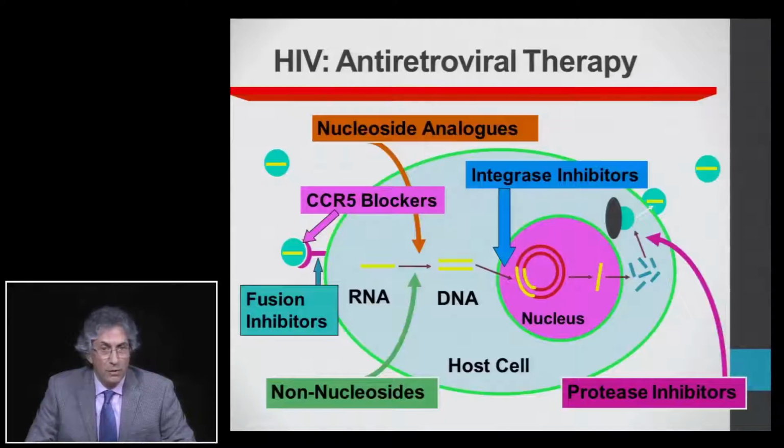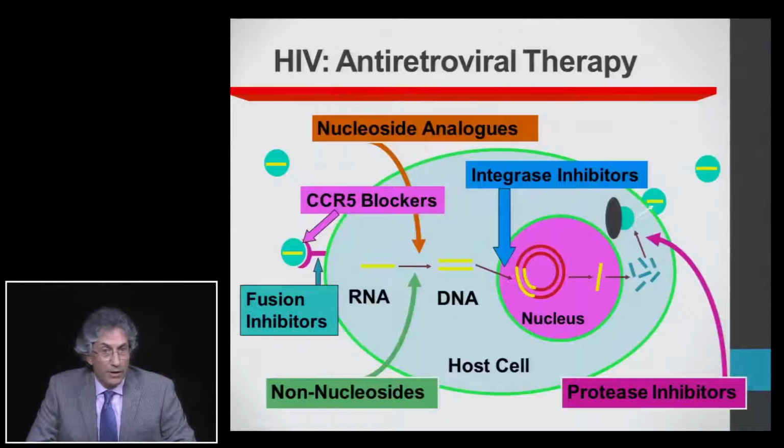The first drugs used this mechanism. As you will remember, HIV is an RNA virus and has a reverse transcriptase enzyme to convert single-stranded RNA to double-stranded DNA. These nucleoside reverse transcriptase inhibitors block that reverse transcriptase enzyme and reduce HIV growth.